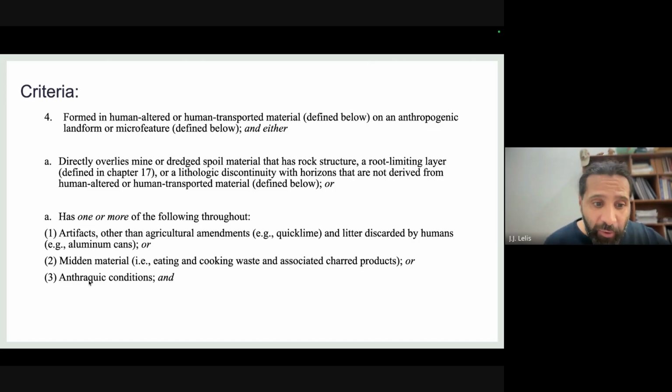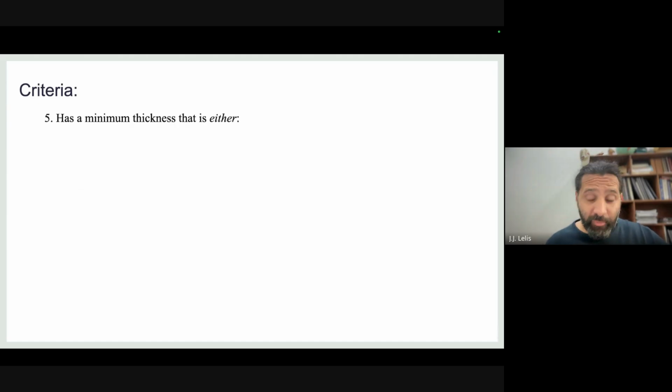We have aquatic conditions, we have flooded conditions, but these flooded conditions were induced by humans. So we call it anthraquic conditions, okay? So if I find at least one of this or this mined material, I can also keep calling that an anthropic pattern. But I have more criteria, okay?